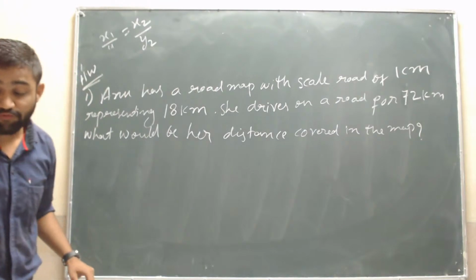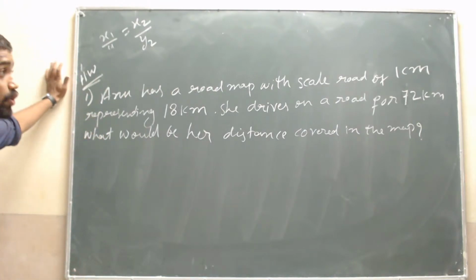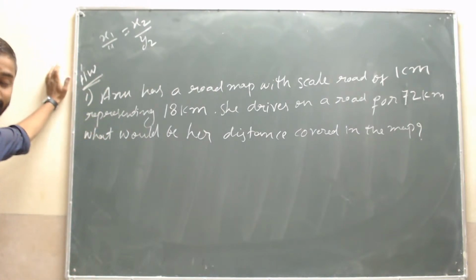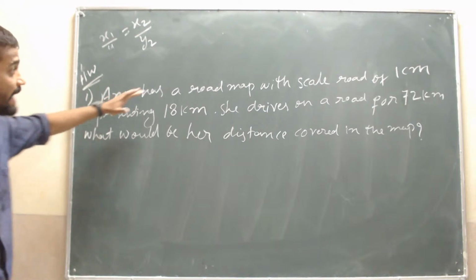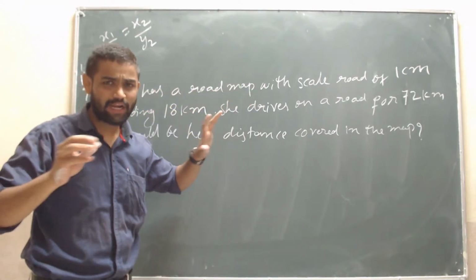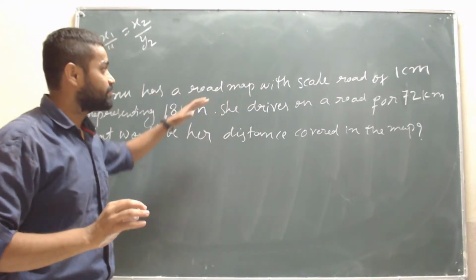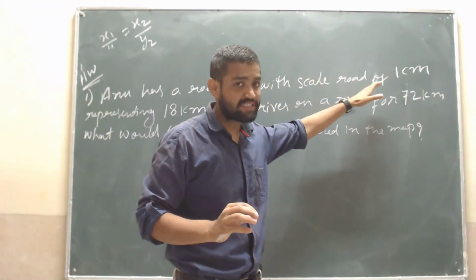First of all, observe the question and what is given. Anu has a road map, like a Google map, with a scale of 1 centimeter.